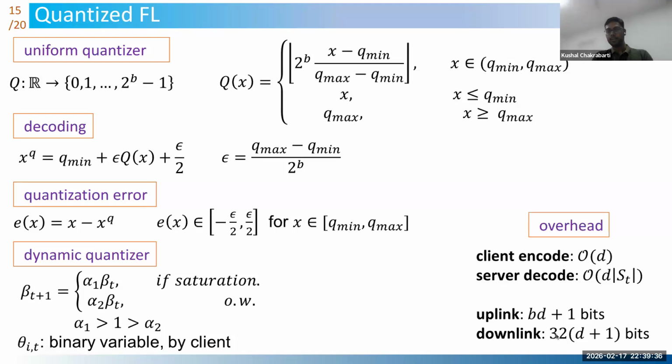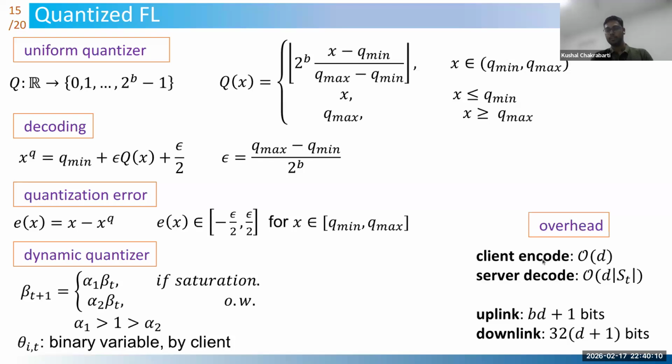In the downlink, we are assuming that quantization is done only on the uplink, so the server does not quantize when it sends back the updated models. If the full precision is 32 bits, it is 32 into d plus 1. The d is for the full model, and the plus 1 is because it also needs to give the updated beta t back to the clients, which will be used in the next step when the client again performs quantization. So this is again order of d.